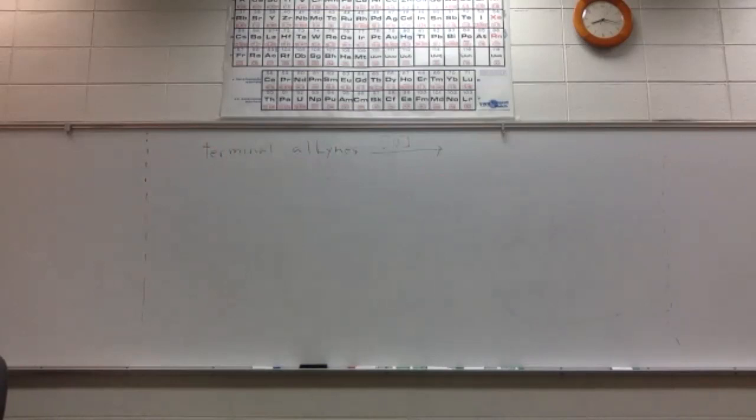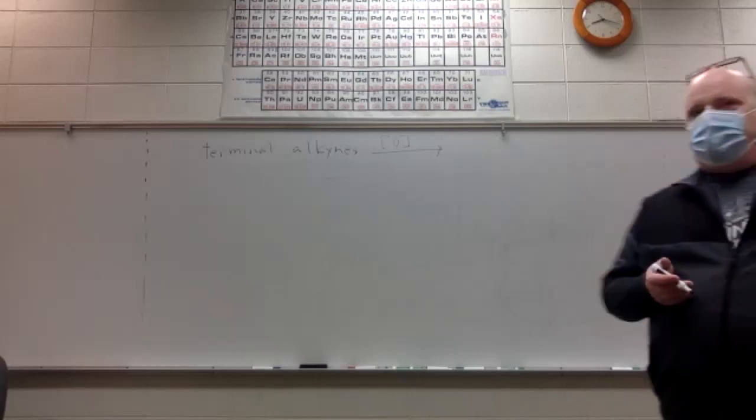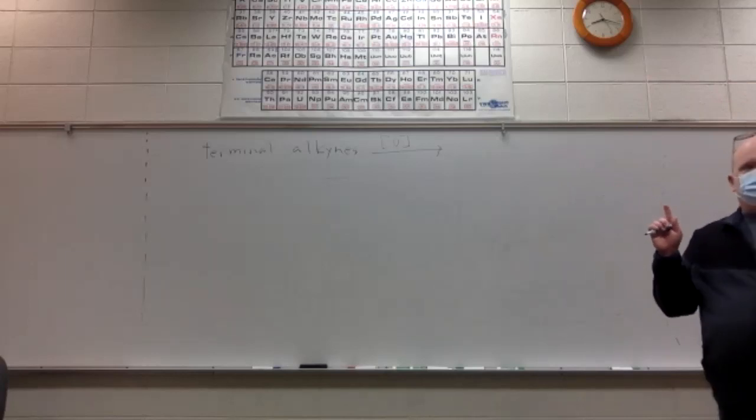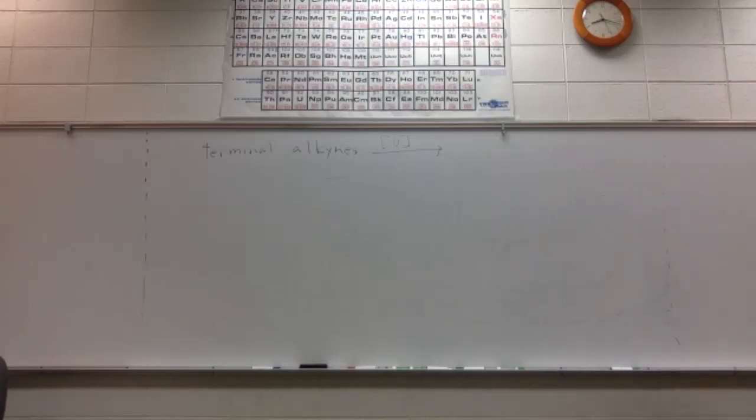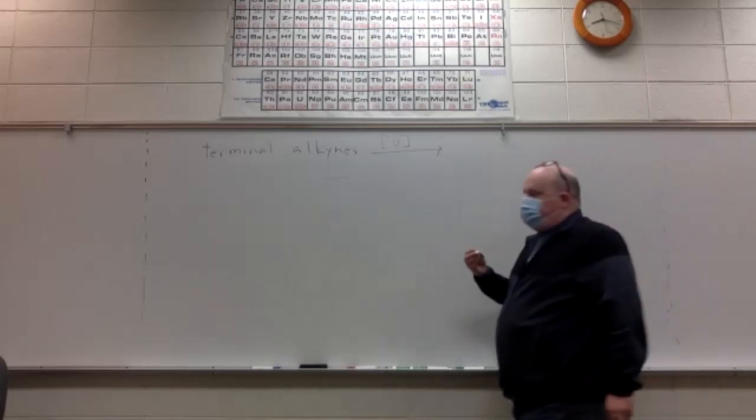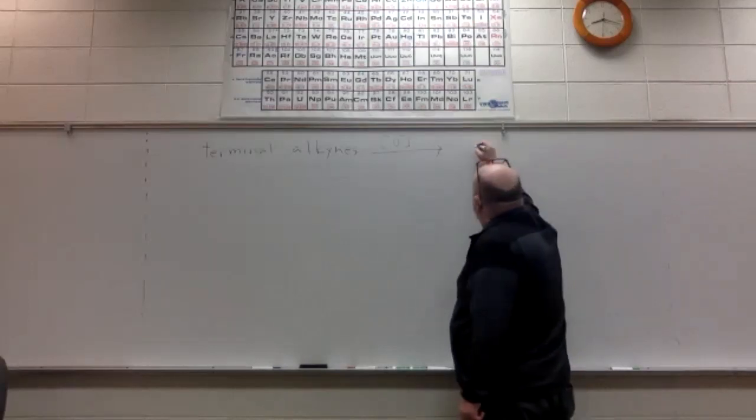If you have a terminal alkyne, you know the carbon-carbon triple bond is going to be at the very end. So you know the size of one of our fragments is always going to be how many carbons? If you have a terminal alkyne and you cleave it, you're always going to have one little end carbon that's snipped off. That's going to change the nature of our products a little bit.